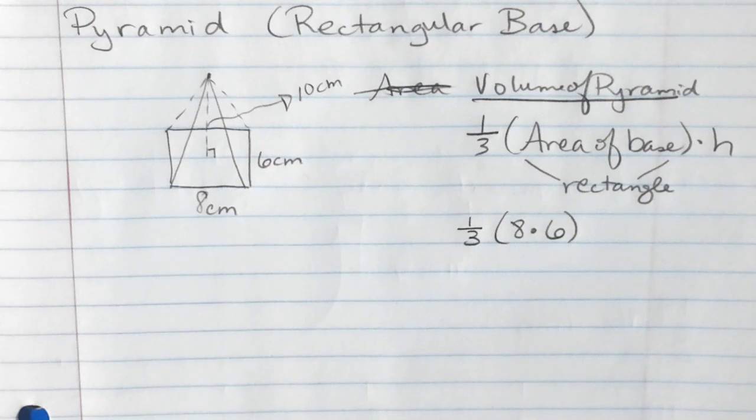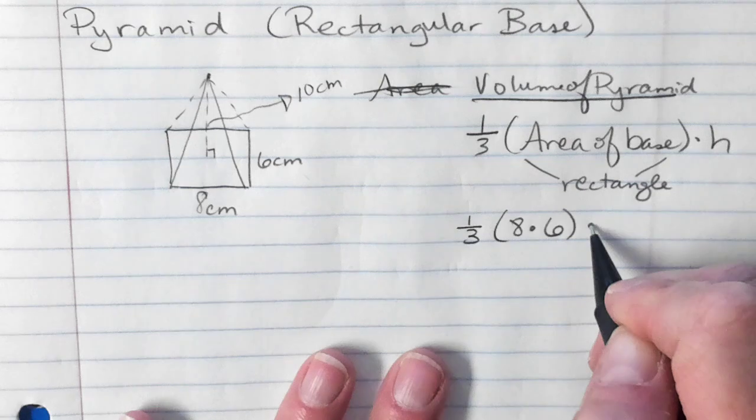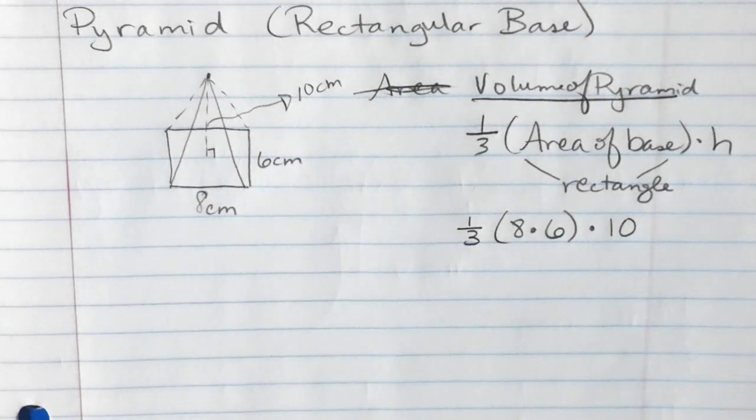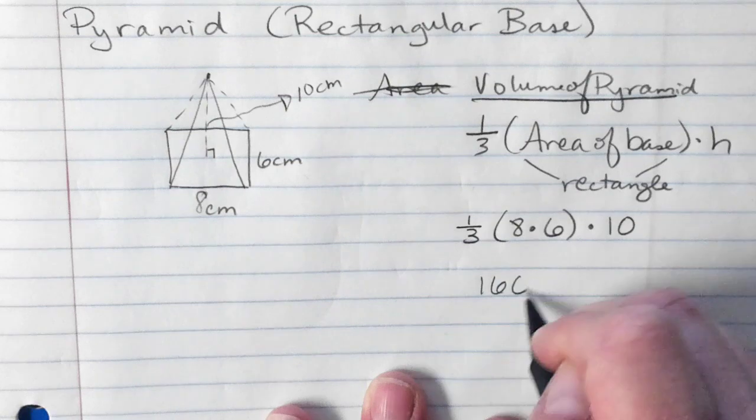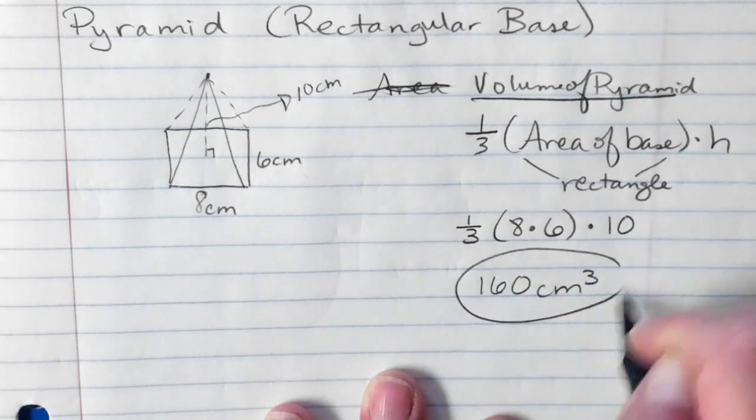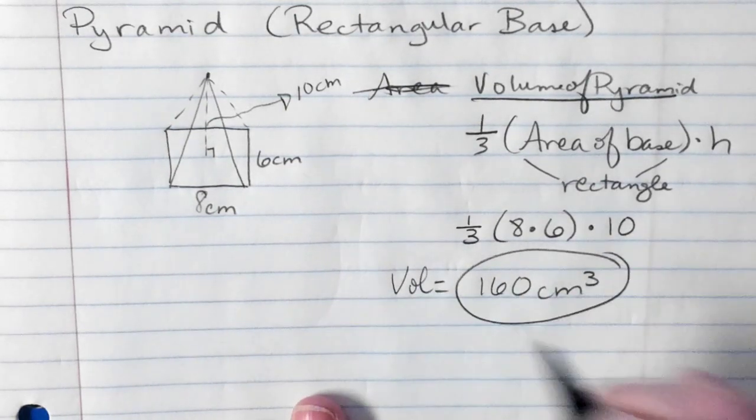Sometimes I can't fit it in the picture, so I'm going to draw a little arrow out. So for our volume, 1/3 times the area of the base times the height, we are looking at 160 centimeters cubed for volume.